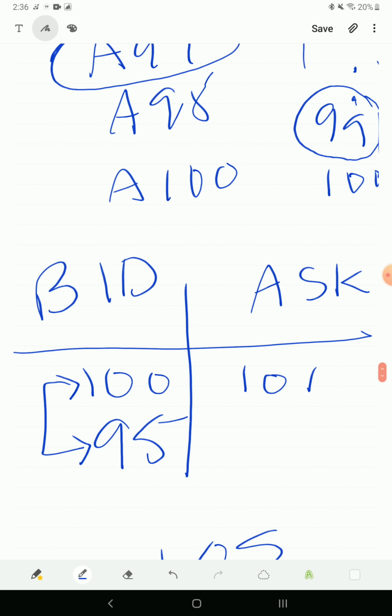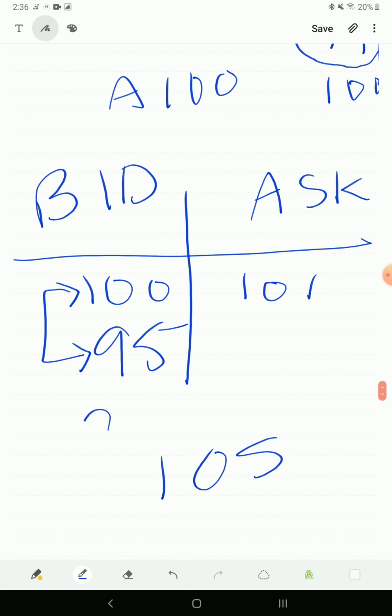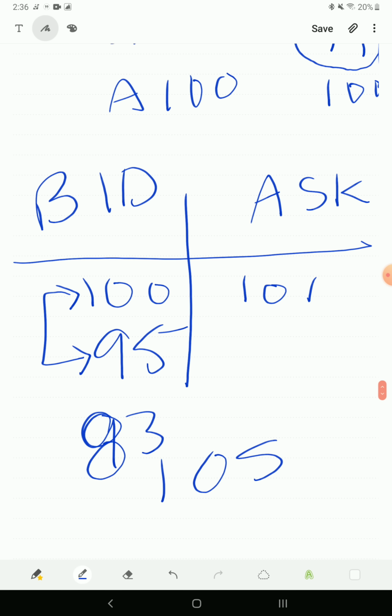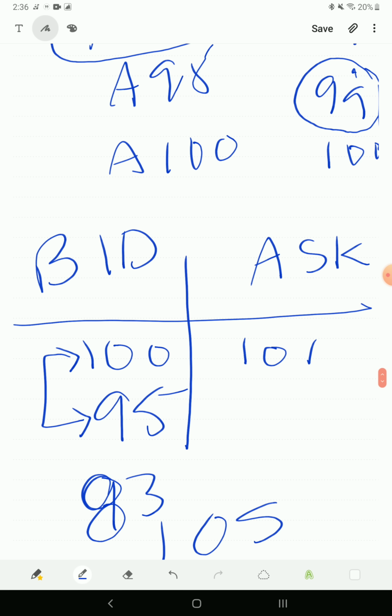But by the time they actually get to you, and it's now your turn in the queue at Q99, you're in line, the price is now at $93. Actually, it could be at, let's just say $83, okay? Because it just dropped too much, and there's so much lag on the system that by the time it got to queue number 99 of your turn in line to input it into the system, the price has already dropped, okay?